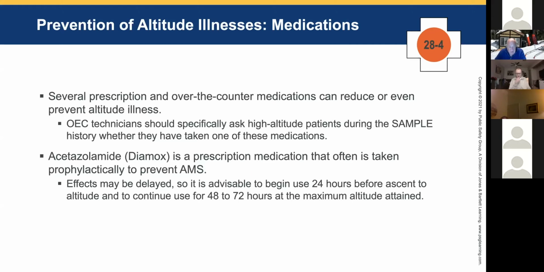Effects may be delayed, so it's advisable to wait about 24 hours before you ascend. Martha, have you had any involvement with this Diamox? Negative. I've never heard of it or asked anybody about it.